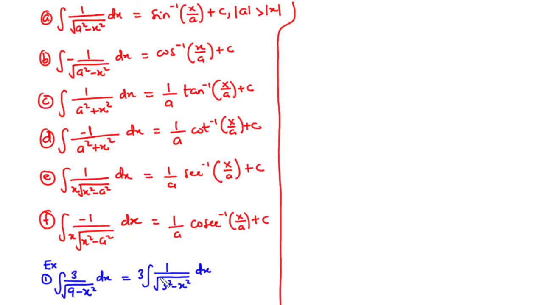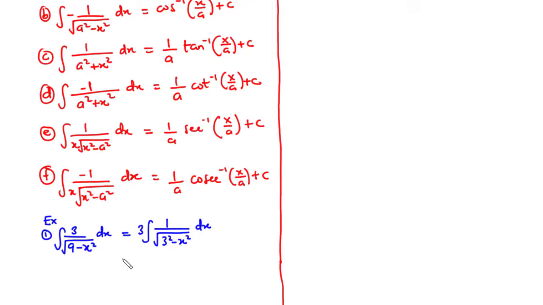You realize that this can be compared to the integral of 1 over the square root of a squared minus x squared, which corresponds to sine inverse of x over a plus c. So here you realize that we have a to be 3.